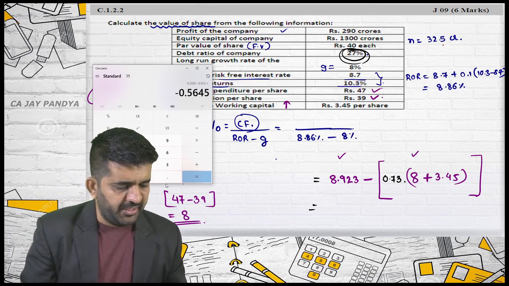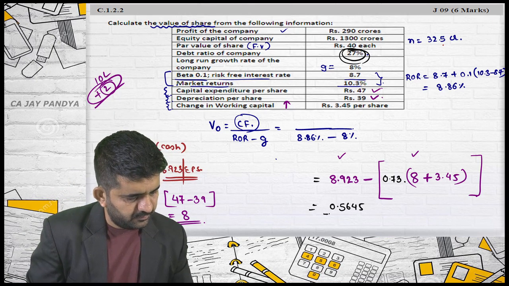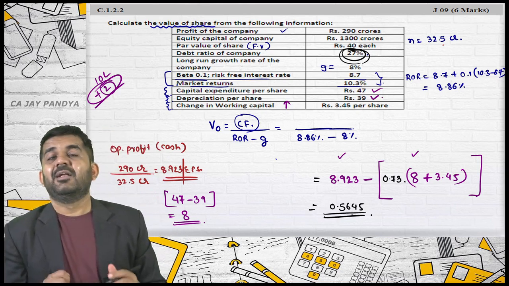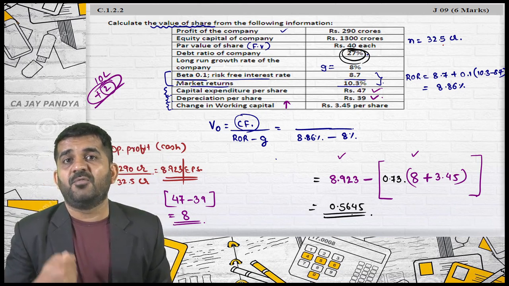It is 0.5645, which will be nothing but the cash flow of the first year.